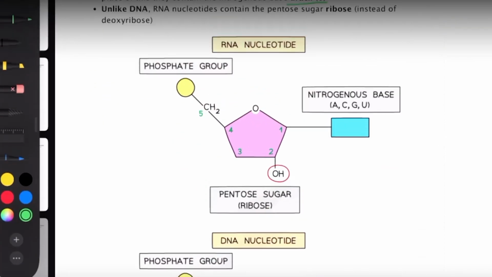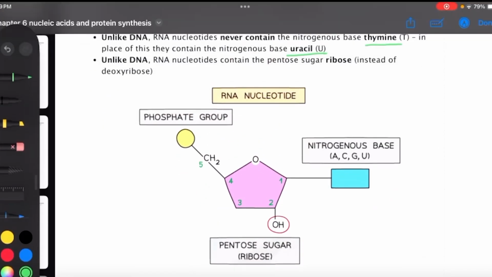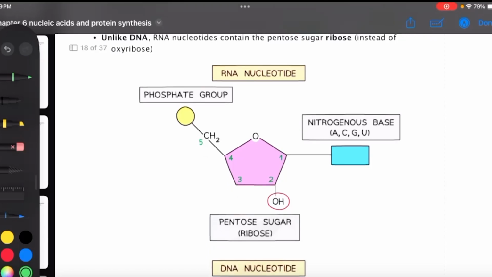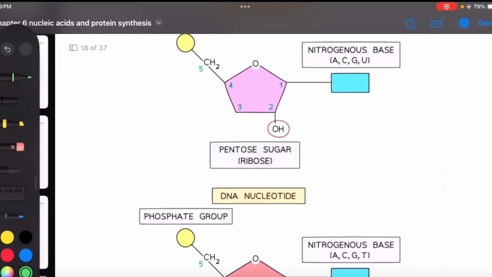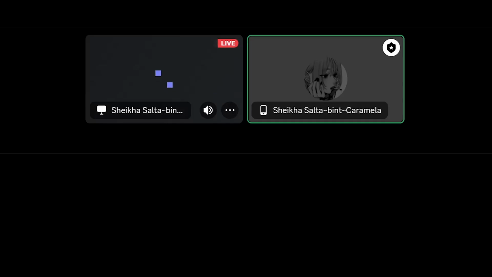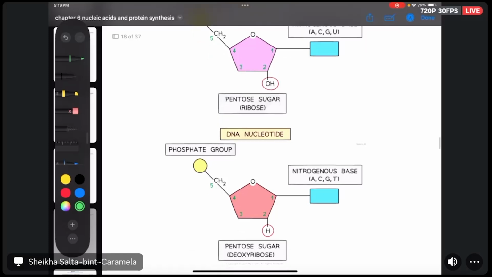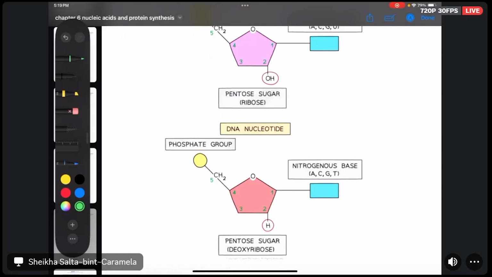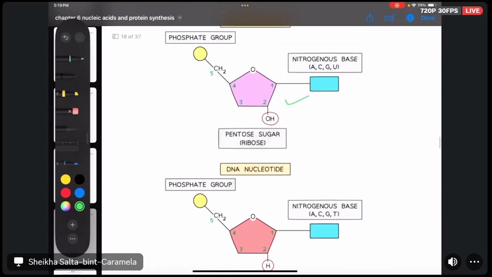The RNA nucleotides also contain another type of sugar, which is called ribose sugar, but this is also a pentose sugar, so it's the same but a different form. Both of these are shown in comparison. As I told you, oxygen is present here, so this is your ribose sugar in your RNA structure.